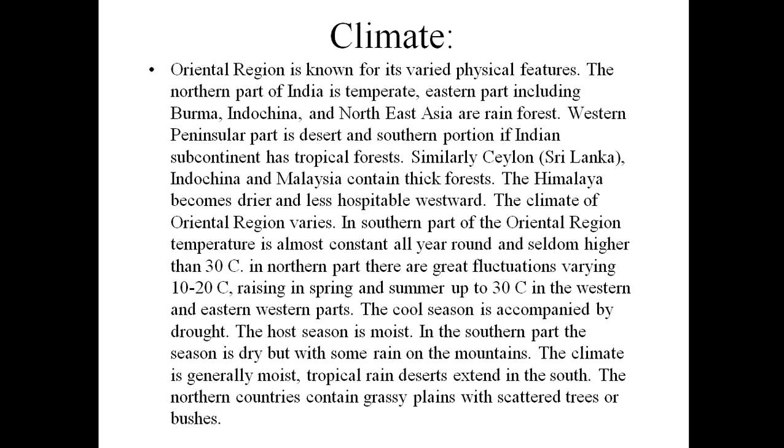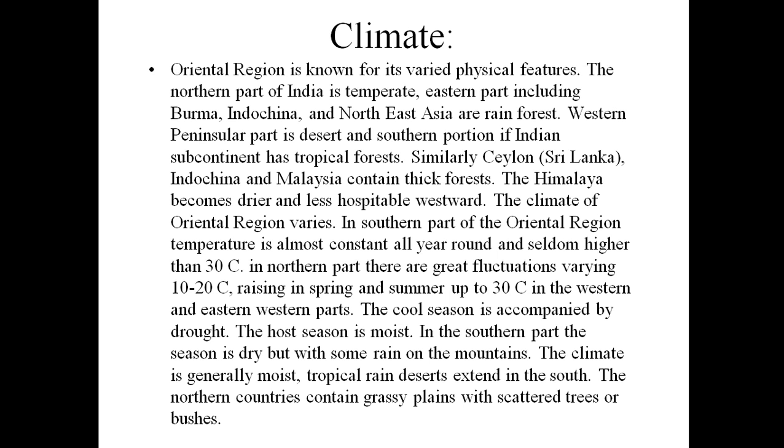If you move to the western side of the Himalayan mountain, it is drier and less hospitable. Because of the variation in the vegetation, the climate of the Oriental region also varies.